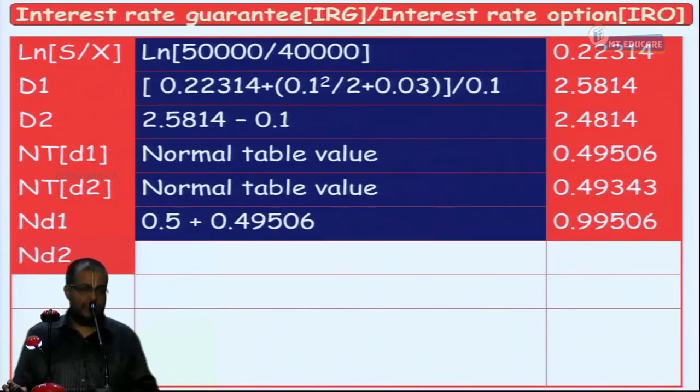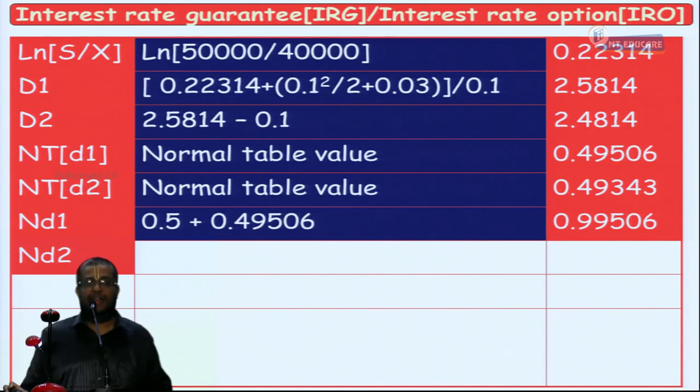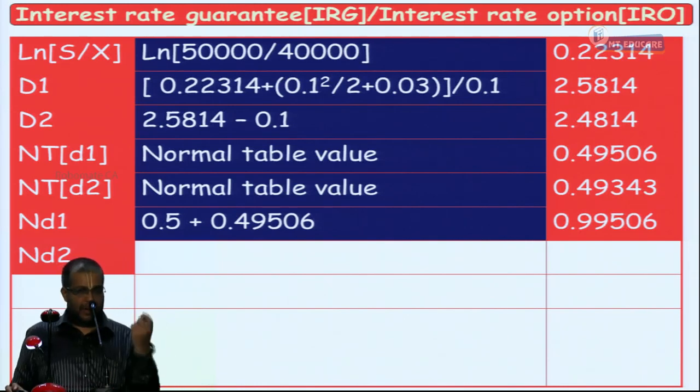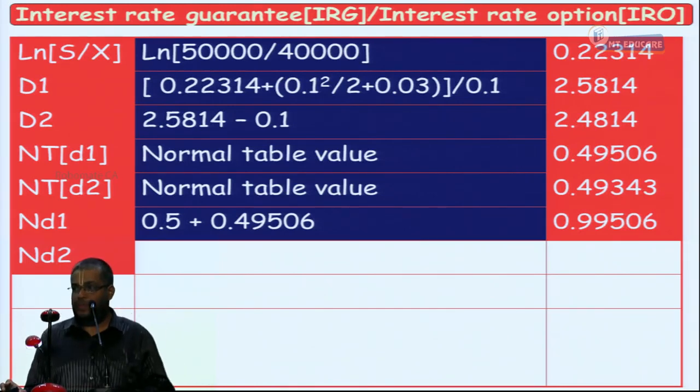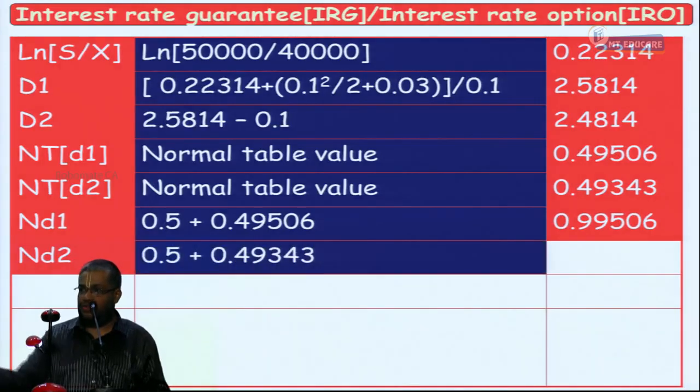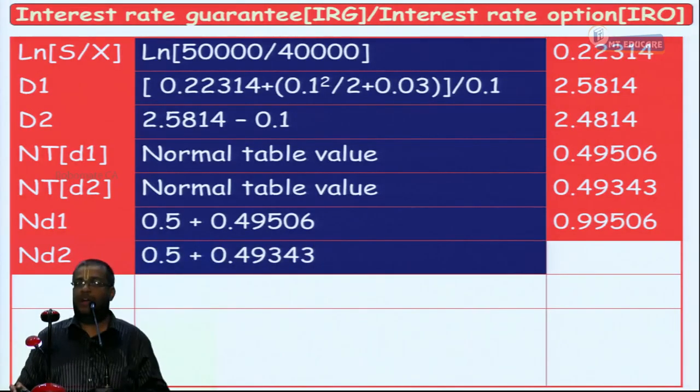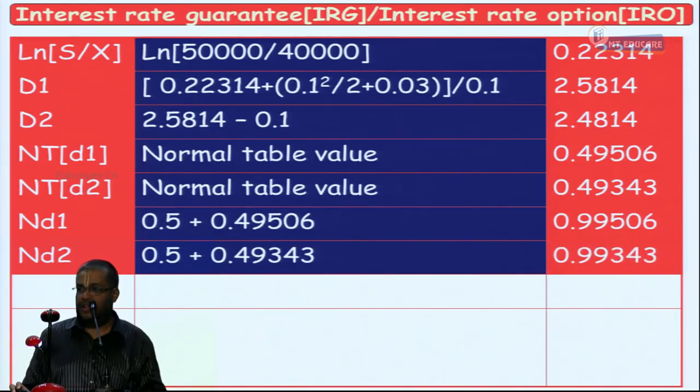ND2 is 0.5 plus NTD2, which is 0.5 plus 0.49343. Total is 0.99343.